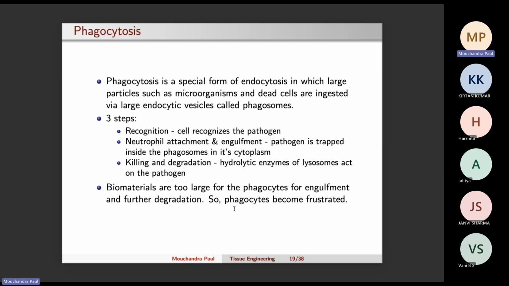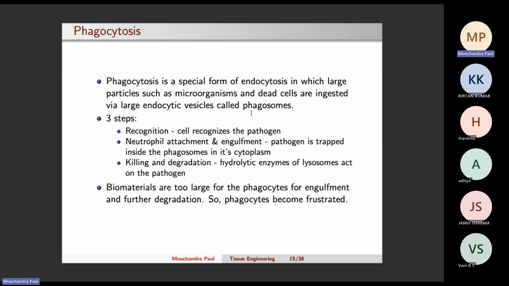But in phagocytosis, the cell is basically engulfing entire cells, like microorganisms, or dead cells. It can do that. Whereas in other forms of endocytosis, it can maybe engulf particles of smaller sizes. So in this way, phagocytosis is a bit different.